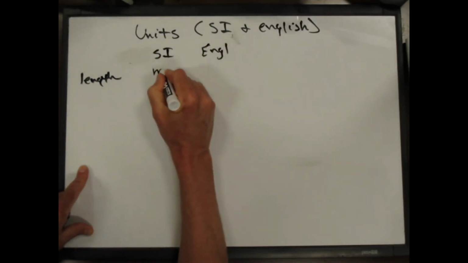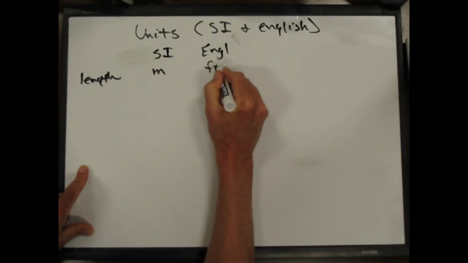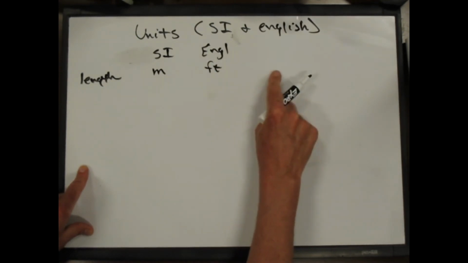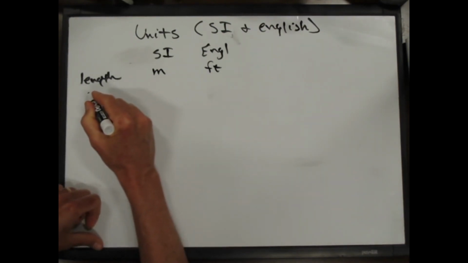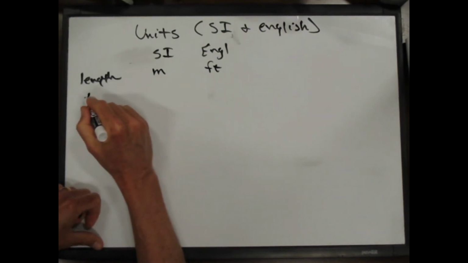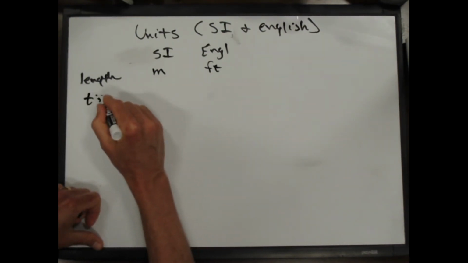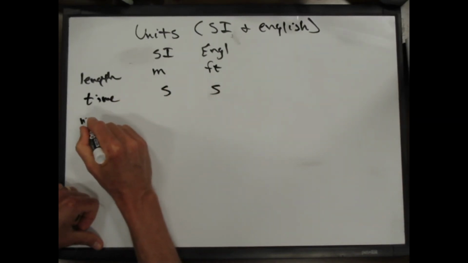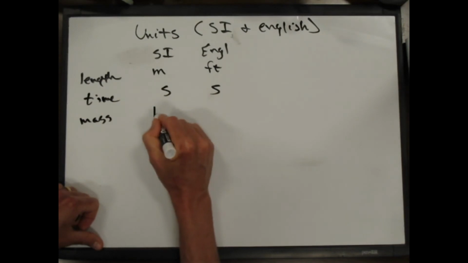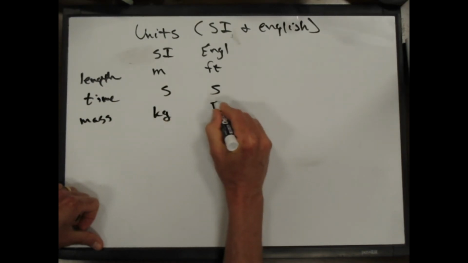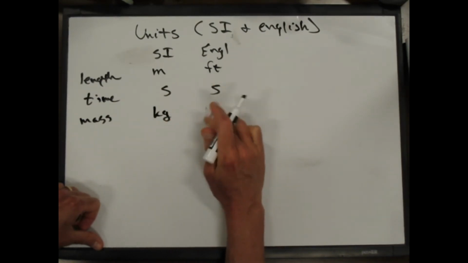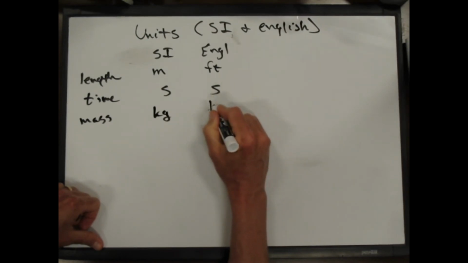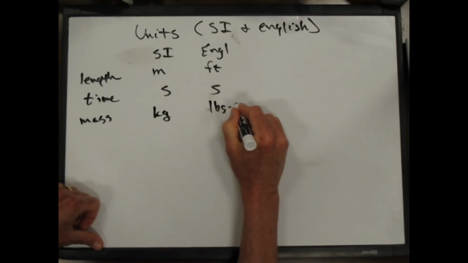We're going to do meters and feet. This could be inches or yards or miles or so on. We've already said time is seconds in both, and then we said mass is kilograms, and there are a bunch you can use. Slugs is one, but usually we use pounds mass.